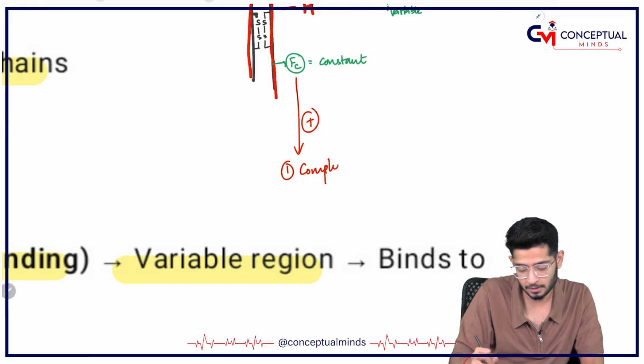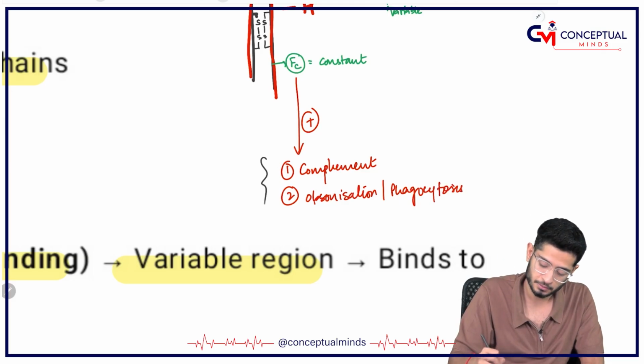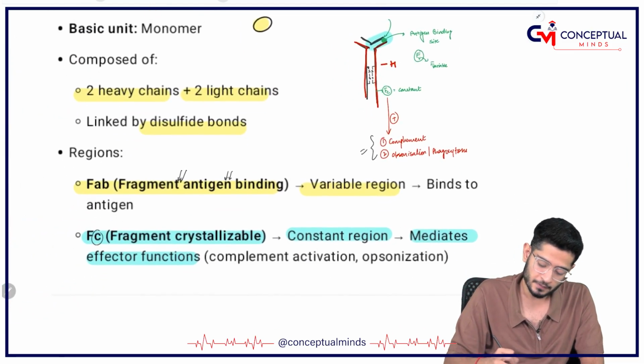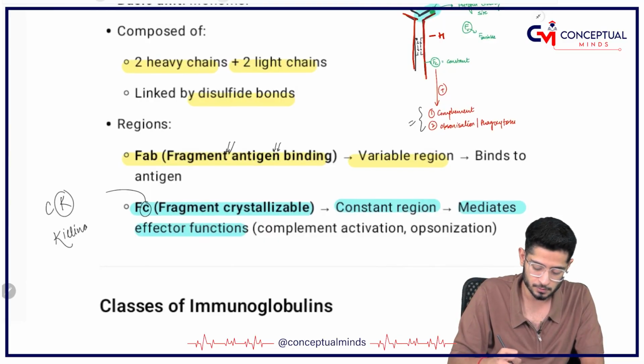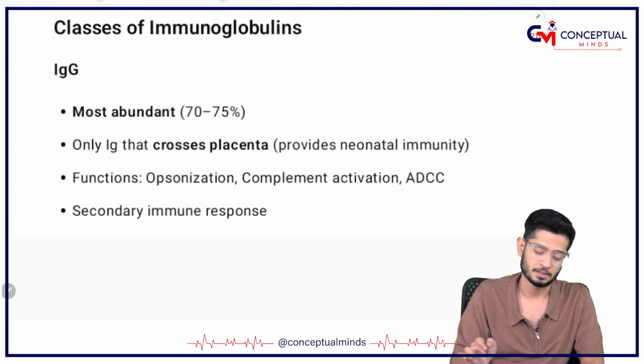Once the complement system is activated, opsonization and phagocytosis begin. Don't worry if you don't know about these things, we are going to discuss them in detail further, but as of now just remember that FC is the one responsible. C and K are very similar, so FC is responsible for killing of bacteria, or for that matter any antigen.